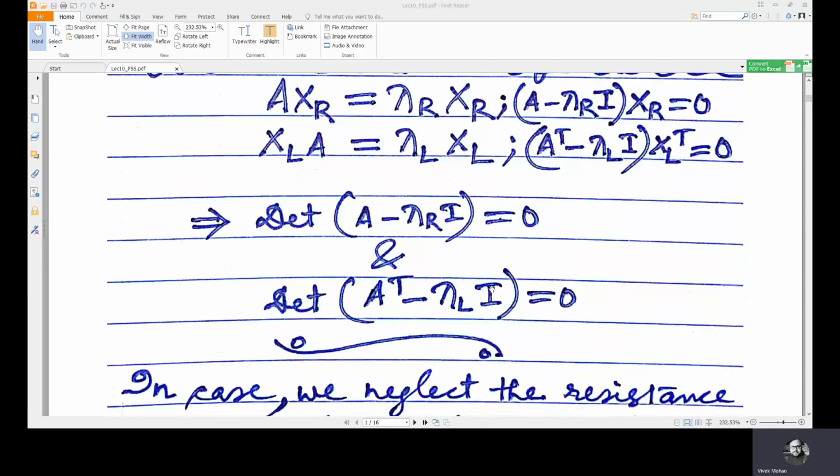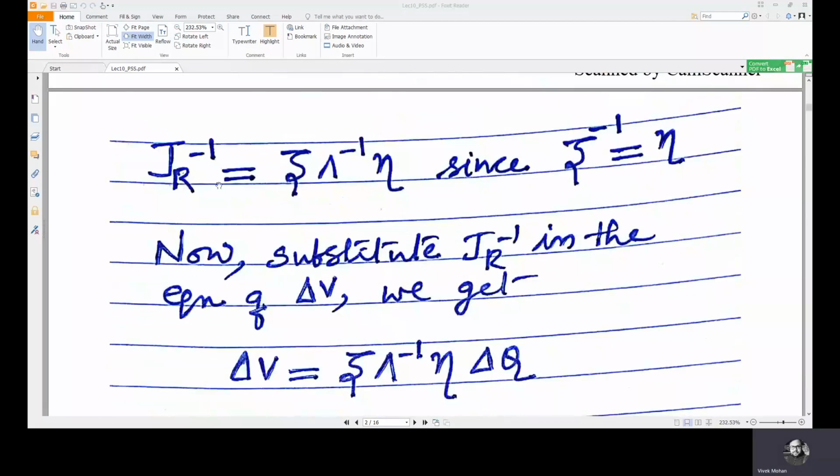Now let's see JR inverse. Why are we interested in JR inverse, the reduced Jacobian inverse? Because in QV sensitivity analysis, we have seen that delta V equals JR inverse into delta Q. So we are going to write JR inverse in terms of left and right eigenvectors and the eigenvalues by modal decomposition.